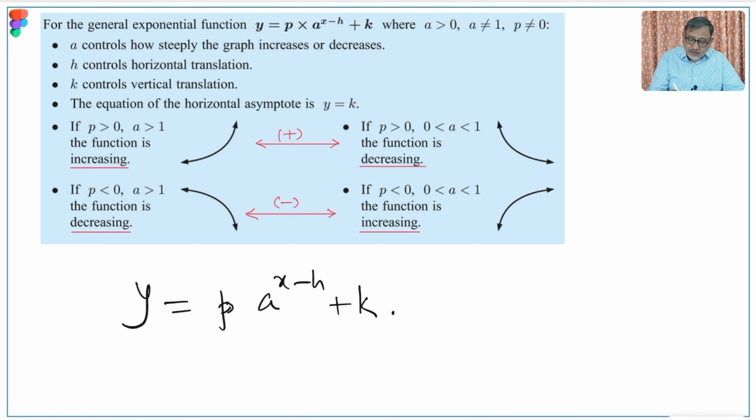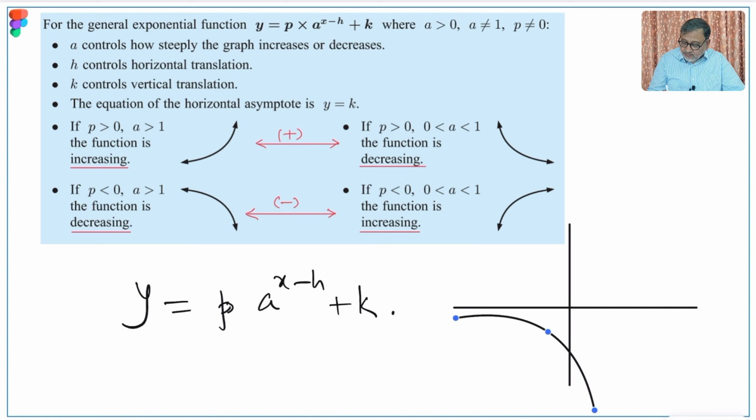So in that case your graph will be reflected in the x-axis. Let me draw that graph. It will be reflected in the x-axis when p is less than 0. When p is greater than 0, your graph will be like this, right?